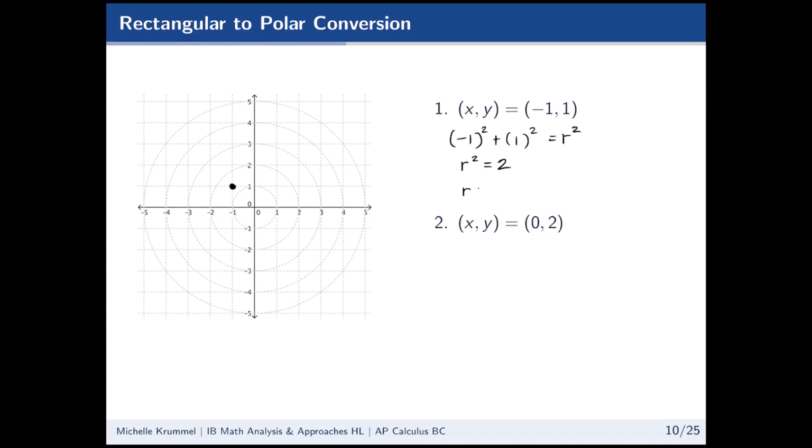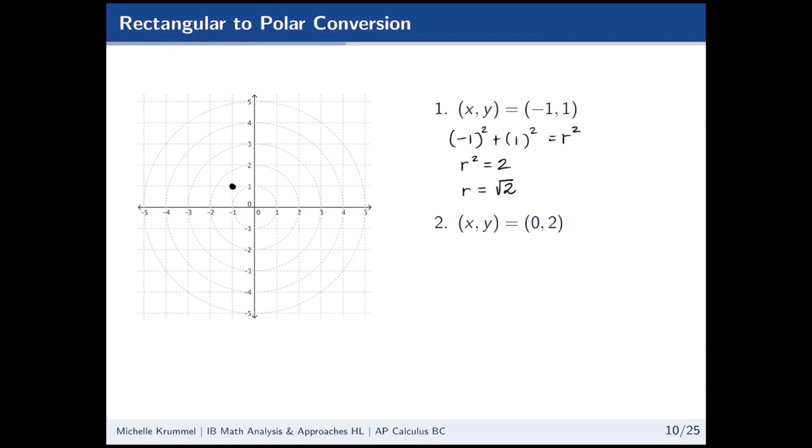So r equals the square root of 2. Now it could be positive root 2 or it could be negative root 2. You can use either r value, but you have to adjust your angle for whichever r value you're using, or you're going to end up in the wrong quadrant. Typically, it's easier to graph with positive r values, but you don't necessarily have to.